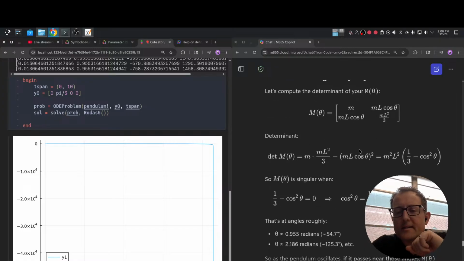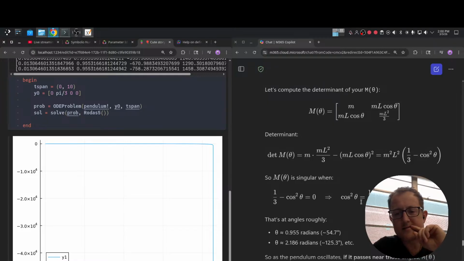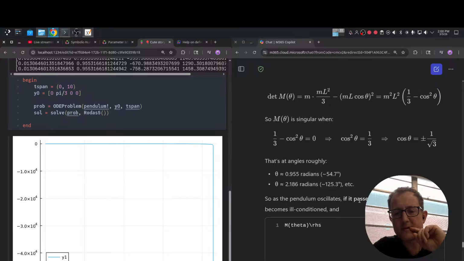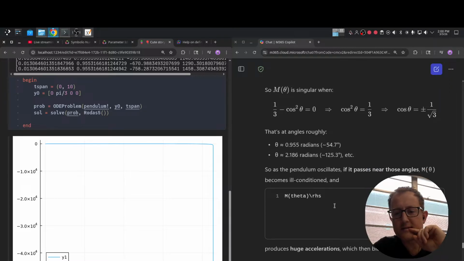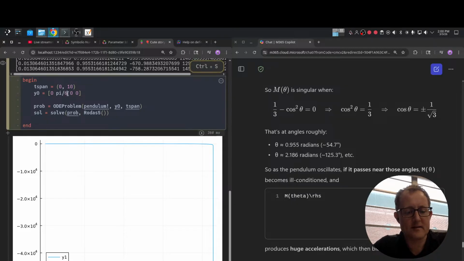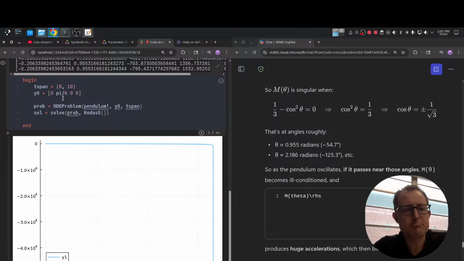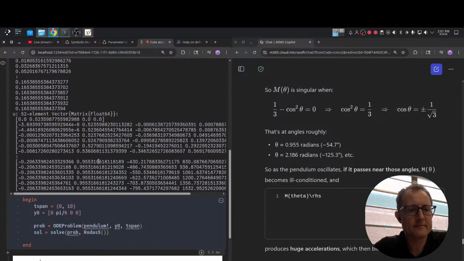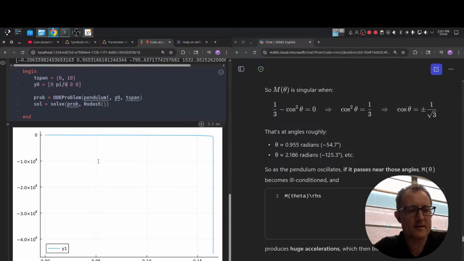All right, singular 1/3 minus... So when it's 54, so let's just change this to like pi over 6. Then it should never get to that.